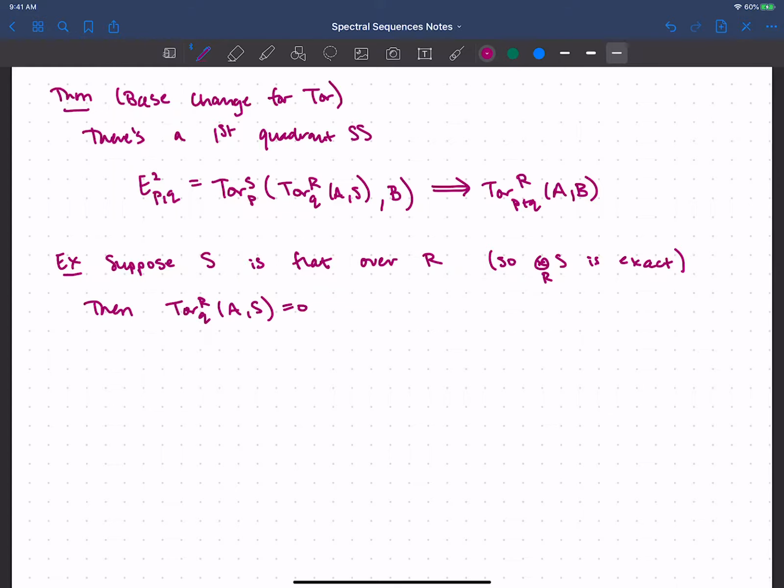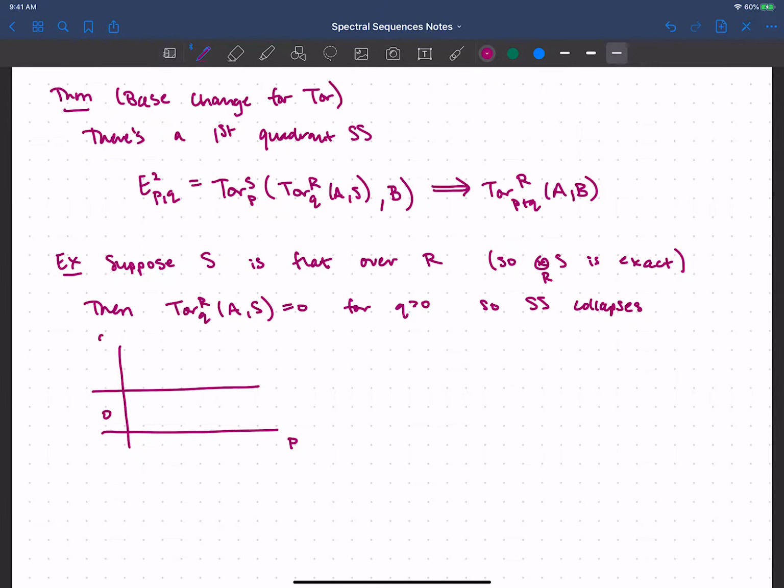If it's exact, there are no higher Tor terms, because this is just the left-derived functor of A tensor over R with S. So this is 0 for all q greater than 0. And so the spectral sequence collapses right away. And in fact, I think this is what people often want in algebraic geometry, as I said at the beginning of the course, that you just have a spectral sequence that collapses.